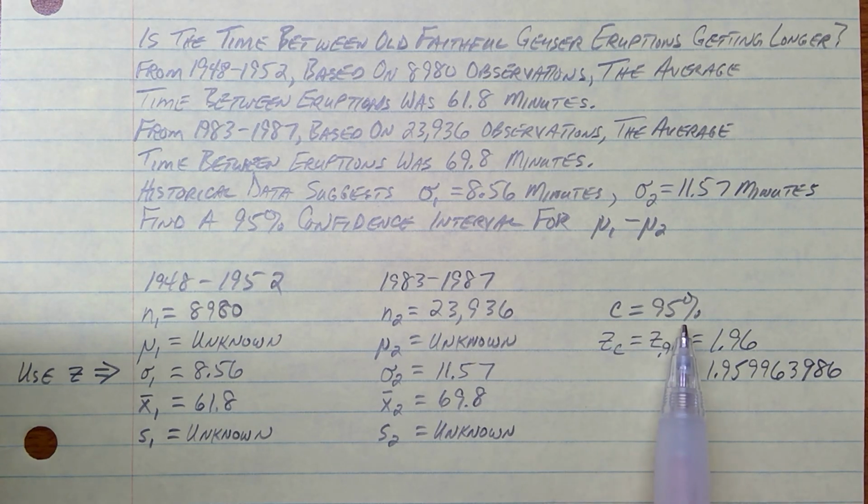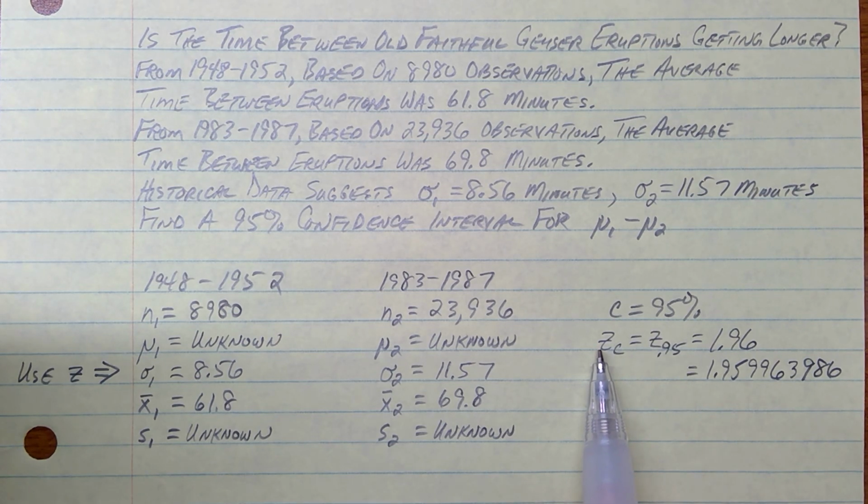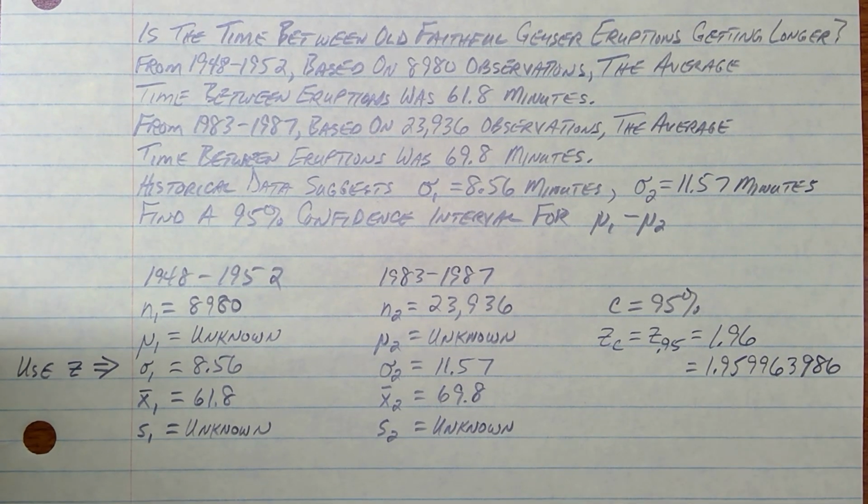Confidence level 95%. We're using the z-score, so I need to look up the z-score that relates to that confidence level, which means the z-score as it pertains to 95%. And we looked that up in the z-table at 1.96.